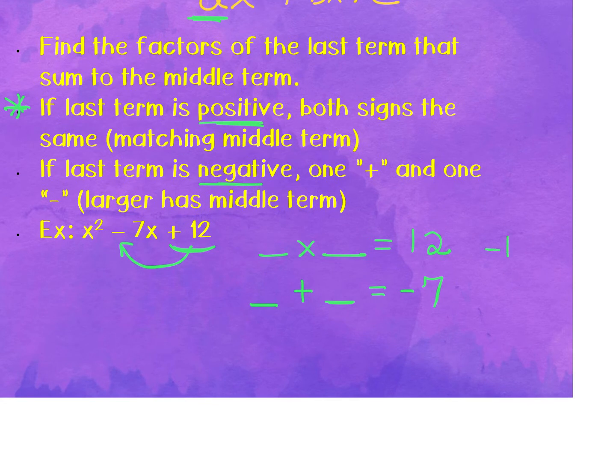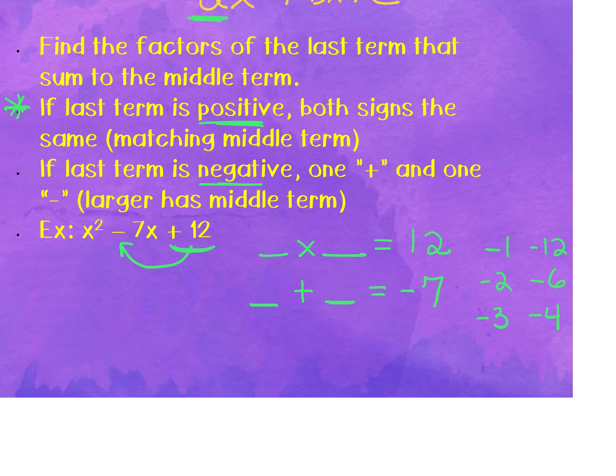So negative 1 times negative 12, negative 2 times negative 6. I'm doing all the ways to multiply to get a positive 12. Negative 3 times negative 4. And I've listed everything here.